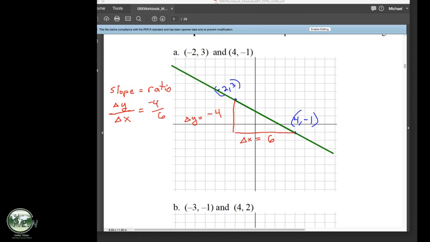Yeah, because 2 goes into both of them, so we can divide both the top and the bottom by 2. And so finally, the slope of this green line is equal to -2 over 3.